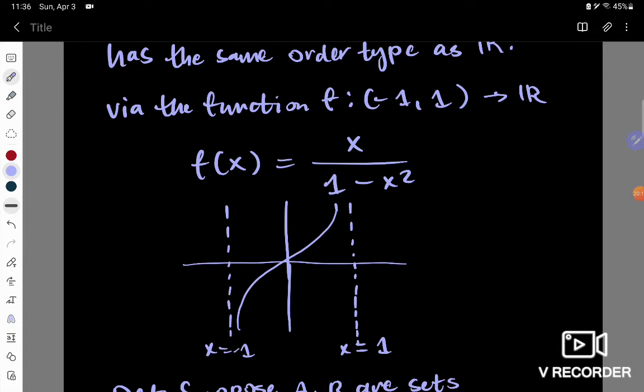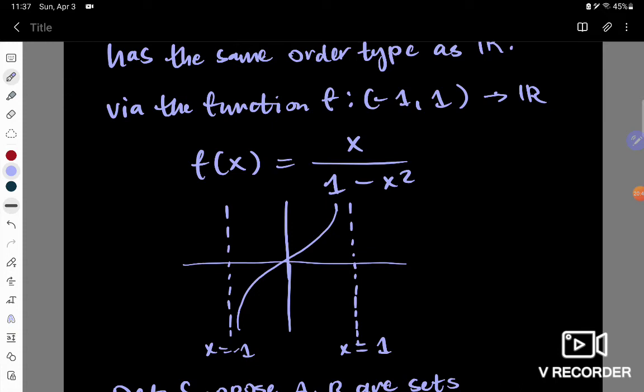And we can see it's injective because we can perform a horizontal line test, where if you have two distinct outputs, they correspond to distinct inputs, or vice versa. So injectivity is this horizontal line test, if you want to do this graphically. And the order preserving nature is also something that follows from this.